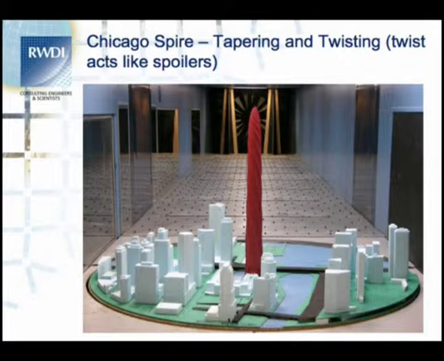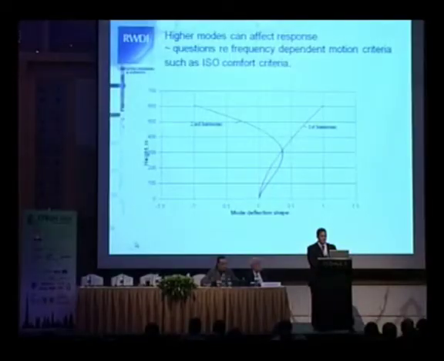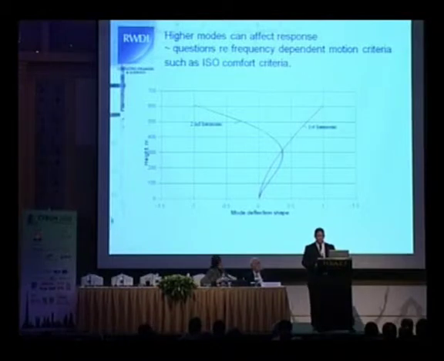The Chicago Spire, something recently tested in our Canadian office, shows both tapering of the building and twisting, which is like the spoilers or the strakes that was discussed earlier. It's an interesting building, very tall, with very long periods of vibration. The fundamental modes of vibration had periods on the order of 13 to 14 seconds.